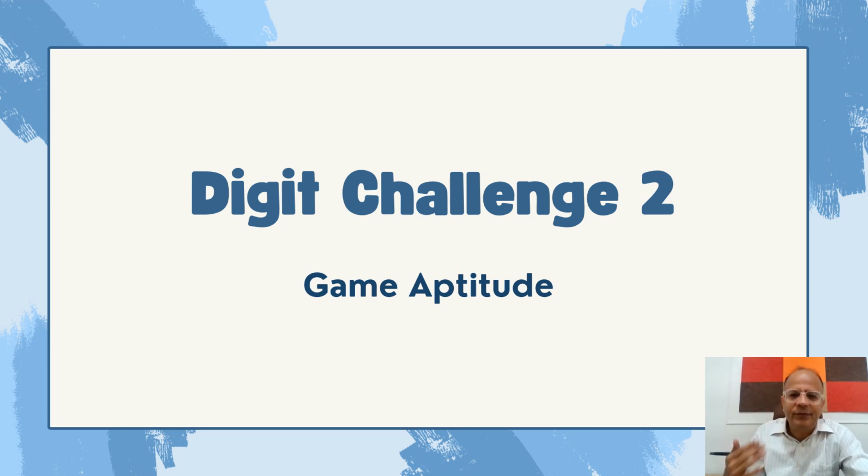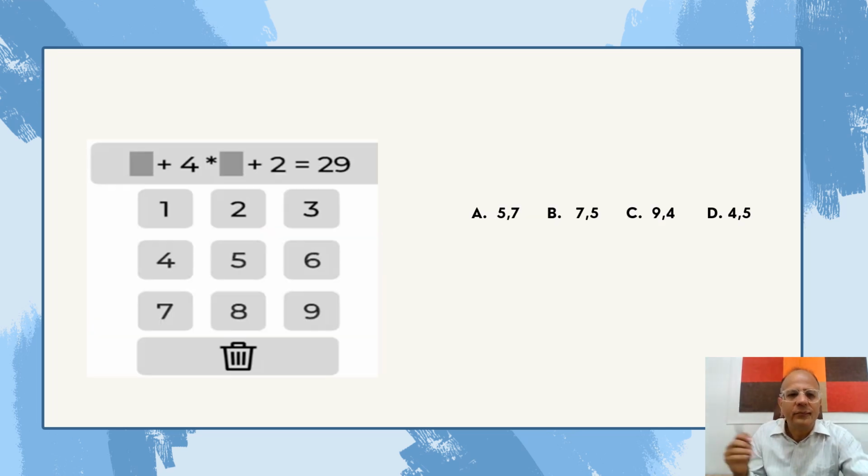With this we move further to the second part of the video, which is going to deal with slightly more difficult questions. So here you'll get an idea of how the difficulty level can go up. Okay, so let's move ahead.